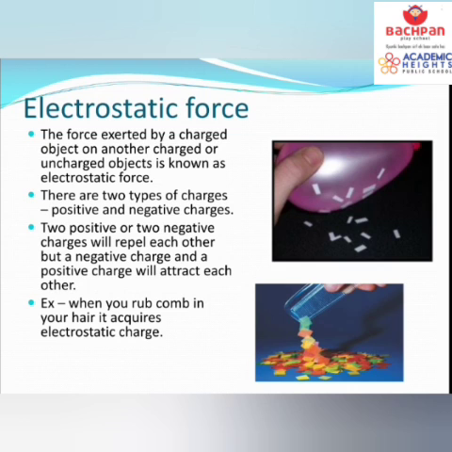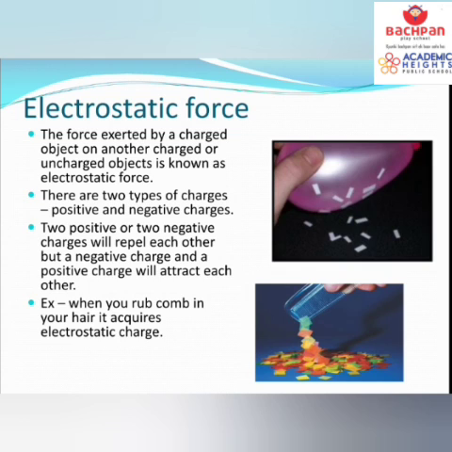Next is electrostatic force. The force exerted by a charged object on another charged or uncharged object is known as electrostatic force. Means the force exerted between two charged objects is known as electrostatic force. Now there are two types of charges, positive and negative charge.